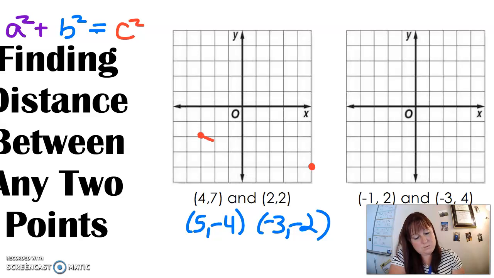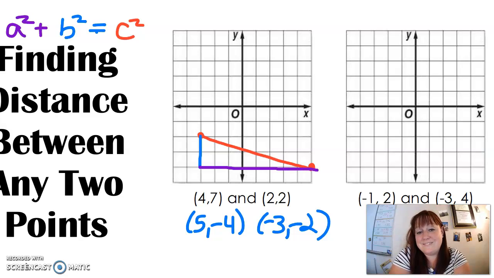I'm going to find this distance right there. So how far did we go down? We went down 2. How far did we go over? We went over 8, because we went from negative 3 to 5.